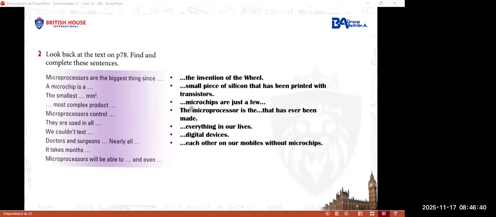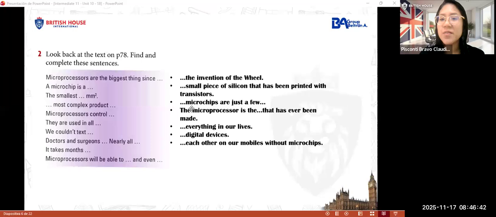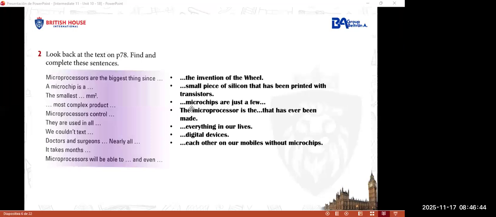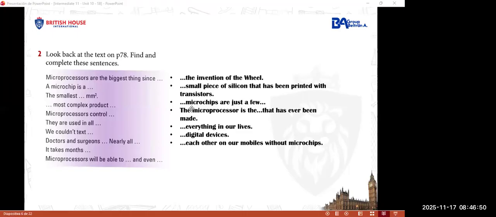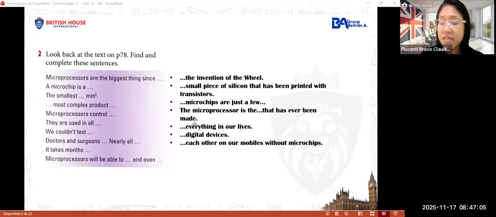Okay, yes, that's it. Without microchips. Doctors and surgeons won't be able to diagnose or treat or operate. Nearly all of their equipment contains microchips. Okay, well done. Yes, that's it.